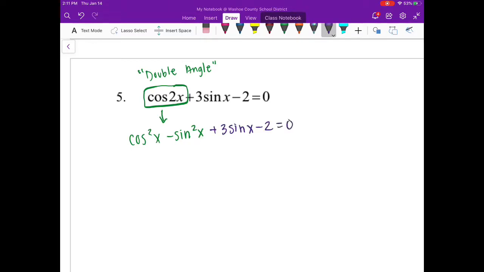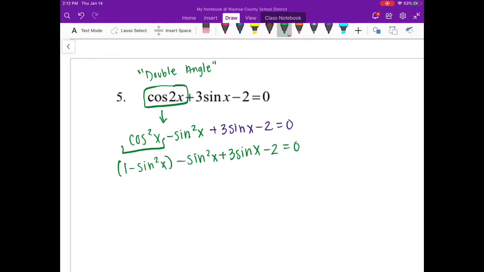Now looking at this part, I need to turn everything to sines. So cosine squared of x, again, rearranging the sine squared plus cosine squared of theta equals 1, can be rewritten as 1 minus sine squared of x, and then bring everything else down. Okay, so then again, this turns into a factoring problem.